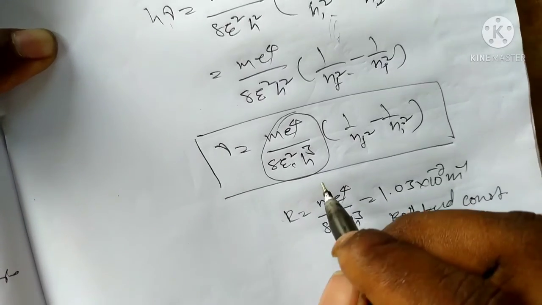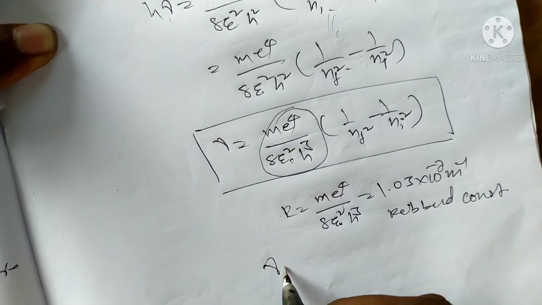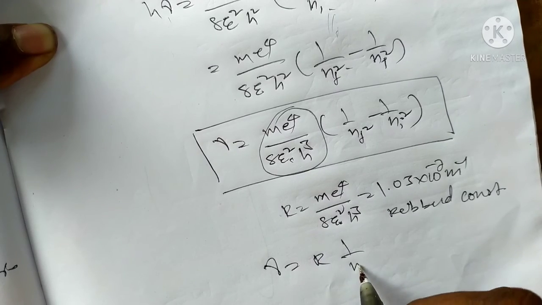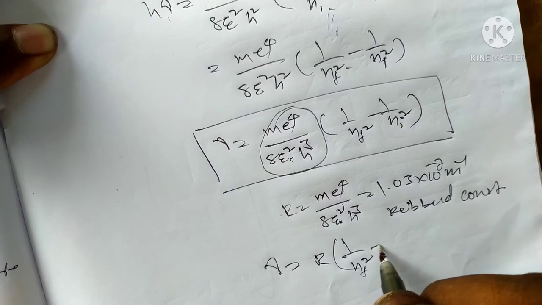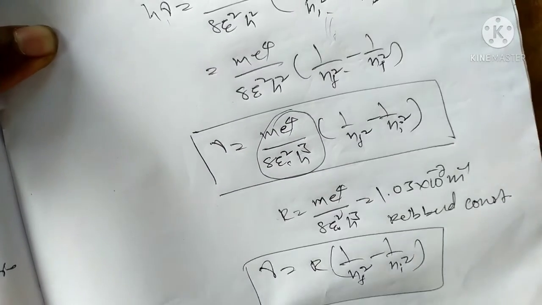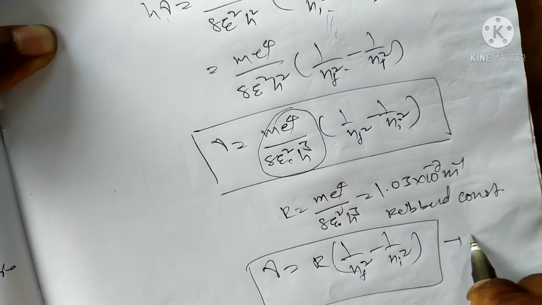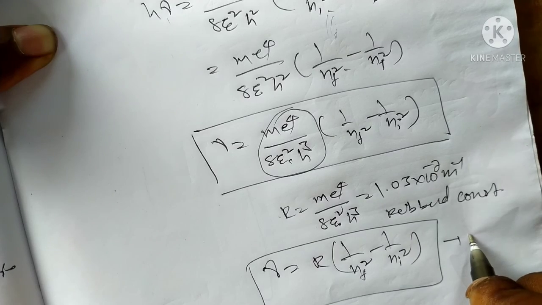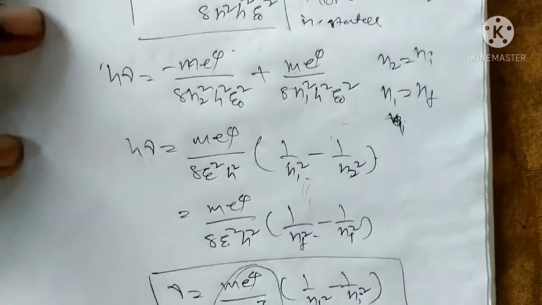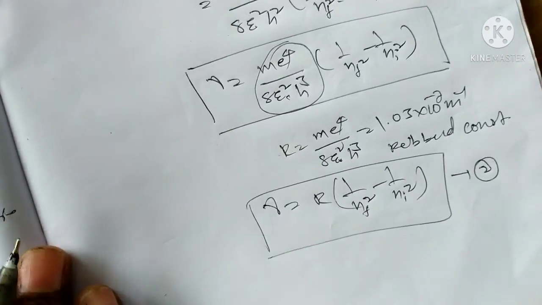Using this R, it can be written as frequency nu is equal to R into 1 by nf square minus 1 by ni square. This is the frequency equation. This is equation number 2, and this is equation number 1.